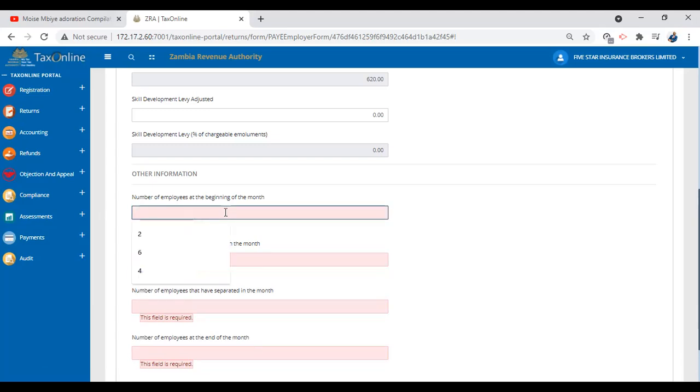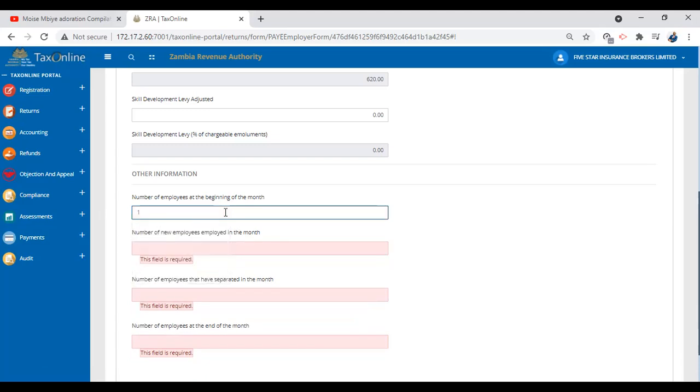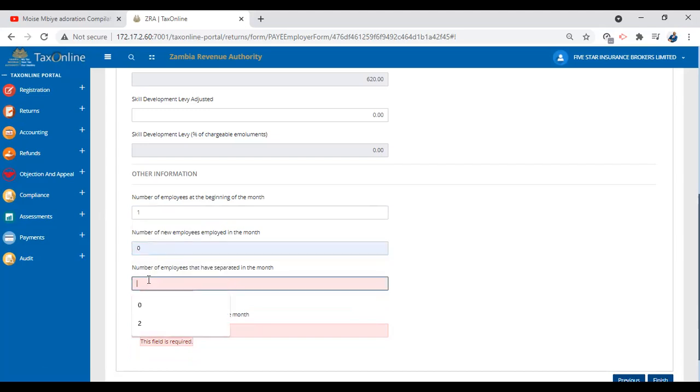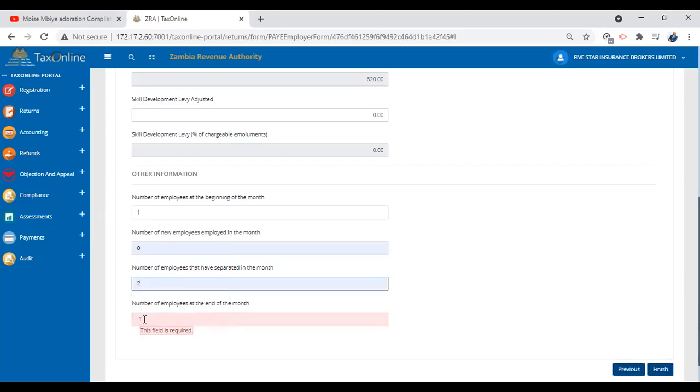Here we assume we had one employee, and number of new employees, we say 0. Number of employees that separated. If you had any that separated, maybe they resigned, you can say 2. The number at the end, it's 1.